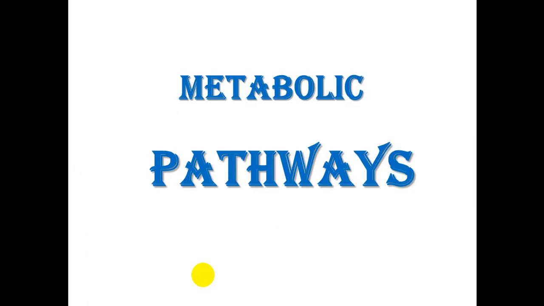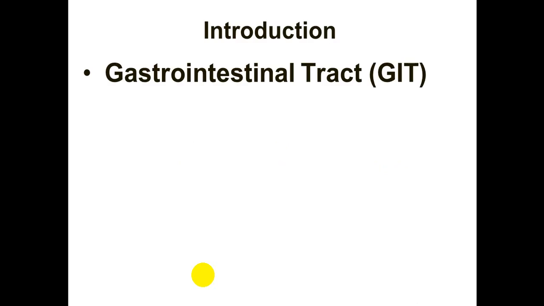Metabolic pathways. The initial processing of metabolic pathways is digestion and absorption. Introduction: the GIT, the gastrointestinal tract. The principal function of the GIT is the digestion and absorption of nutrients.